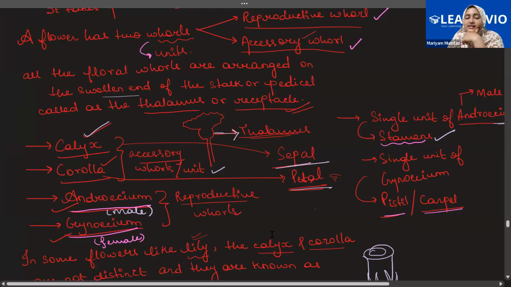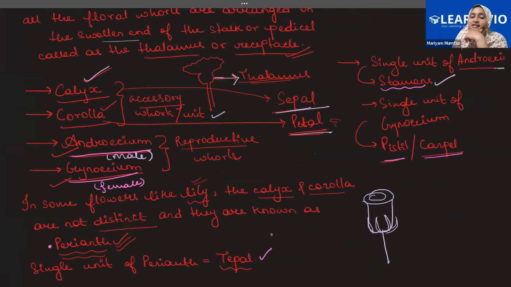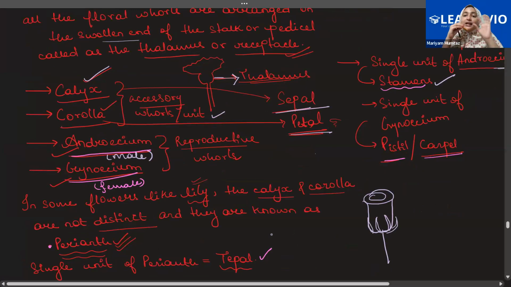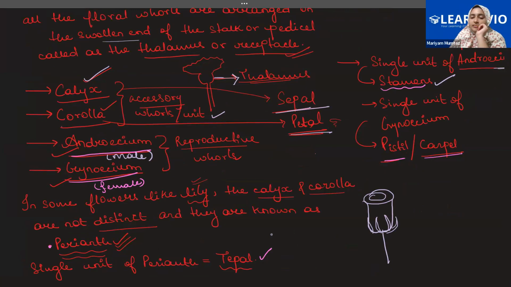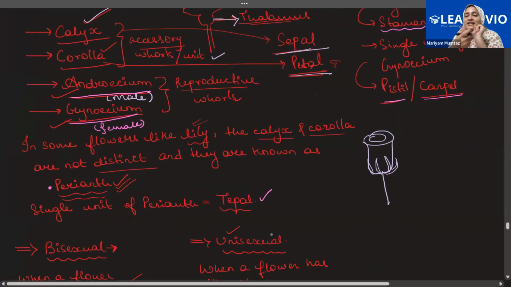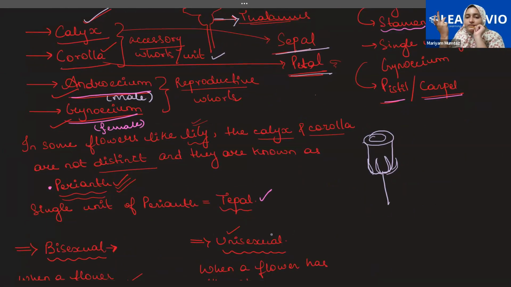But in some flowers, such as lily, the calyx and corolla are not distinct, meaning you can't distinguish which one is the calyx and which one is the corolla. So they are known as perianths. Just like one unit of corolla is called petal and one unit of calyx is called sepal, one unit of perianth is called tepal. It's not petal, it's not sepal, it's another thing, that is tepal. Okay? Biology is weird. Any doubts up until now?